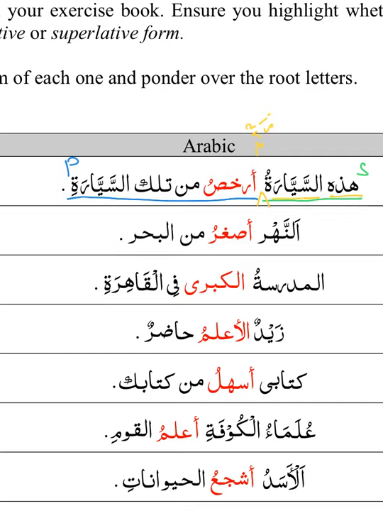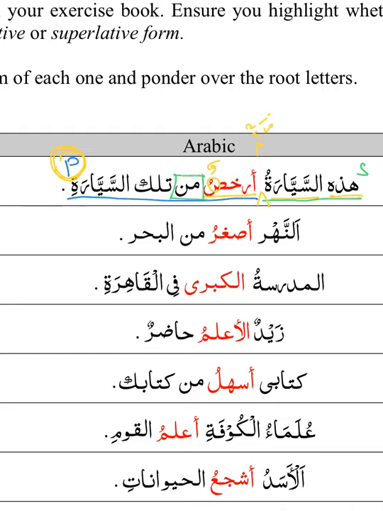In the khabar, the most important word is arkhas, which is ismut tafdeel. And it's in the nominative case because it's the predicate, the khabar. It's got no tanween, it's not arkhasun, because ismut tafdeel is ghayrul munsarif. And again, important, you've got the min there.